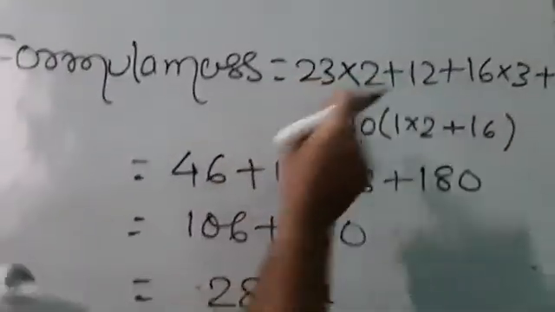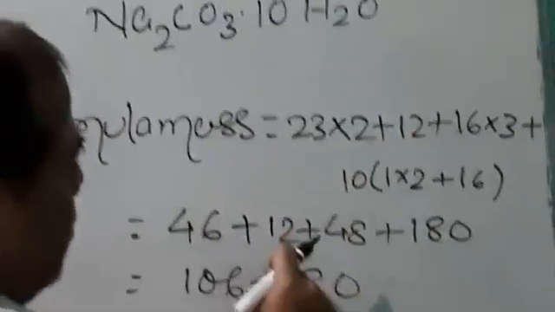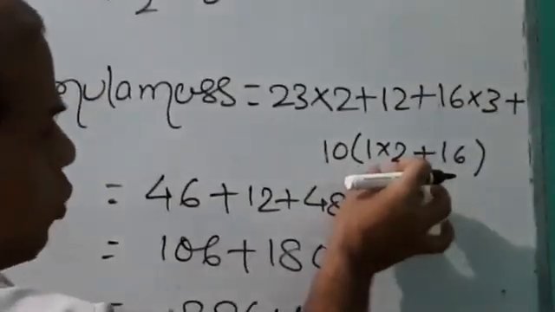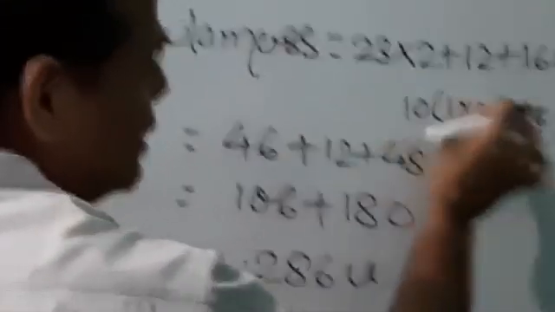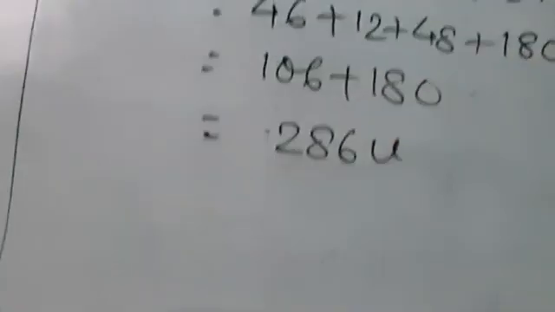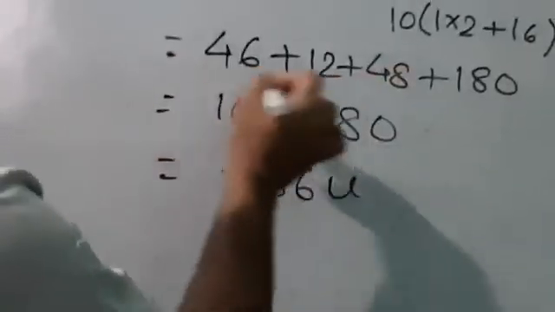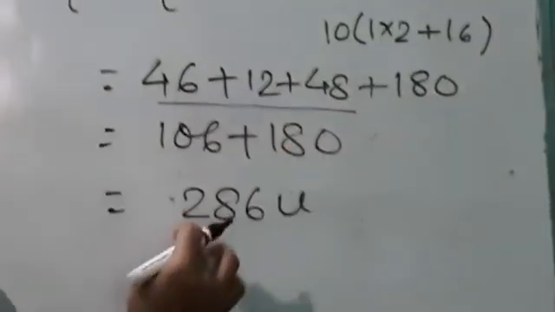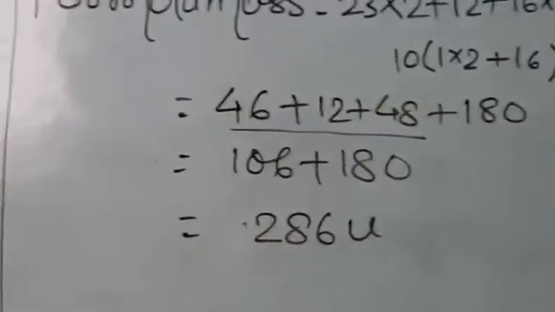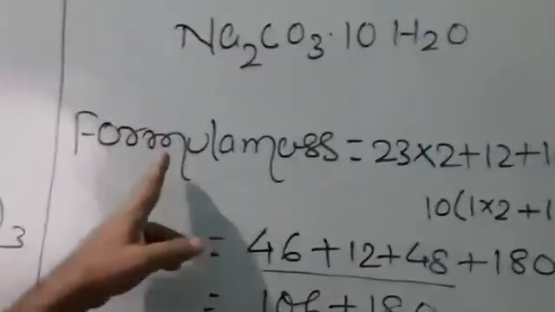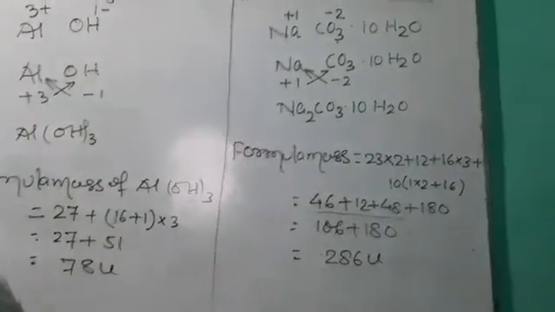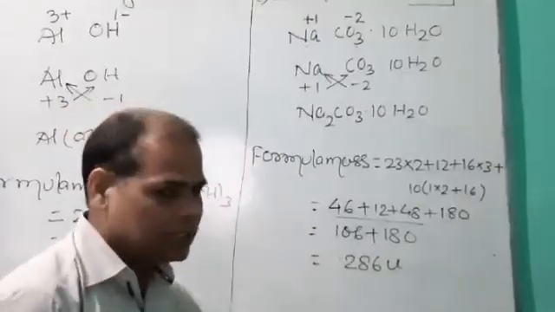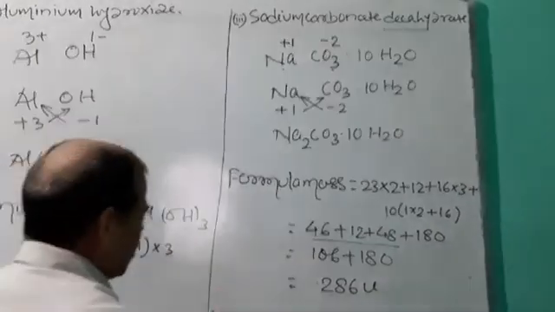Now 23 twos are 46 plus 12, 16 threes are 48, plus 1 into 2 plus 16, 18, 18 tens are 180. Now if you add these three, it comes 106 plus 180, 286 U. So the chemical formula mass of sodium carbonate decahydrate is 286 U.